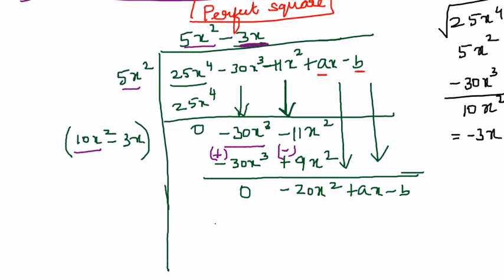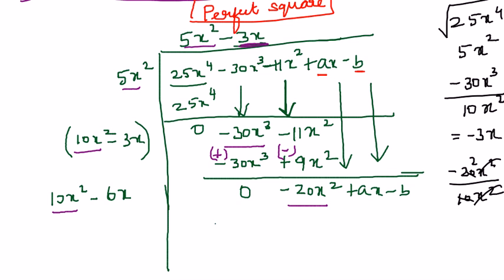So 5x squared into 2 is 10x squared, and minus 3x into 2 is minus 6x. Clear? Fine. Now we divide the first term here by 10x squared. Therefore minus 20x squared divided by 10x squared is minus 2, right? So I'll add a minus 2 here and a minus 2 here.